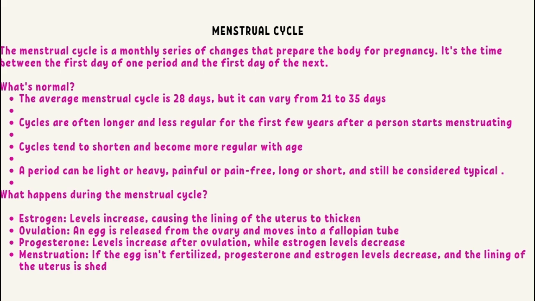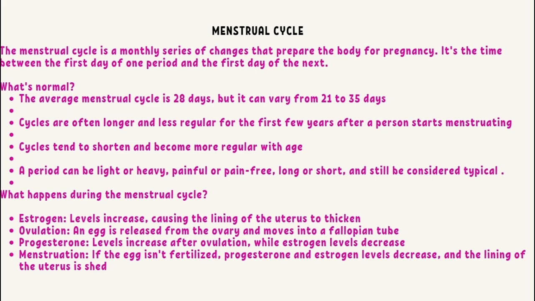Cycles tend to shorten and become more regular with age, and can be light or heavy, painful or pain-free, long or short, and still be considered typical, because pain being associated with it is seen as normal. It is very much normalized in today's society, right? Period cramps are normalized as if it's nothing.